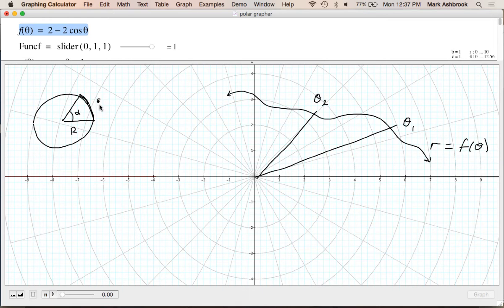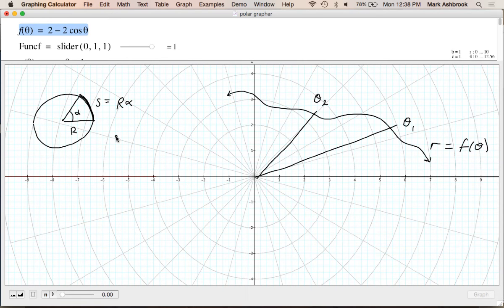We call it S. Arc length S equals what? R times alpha, right? You used this in your Clara project, so that should have come up. Arc length is angle measured in radians times the radius. We're going to need that here.